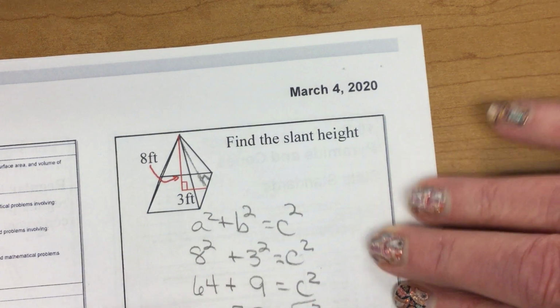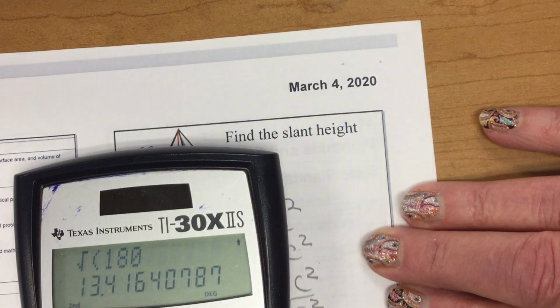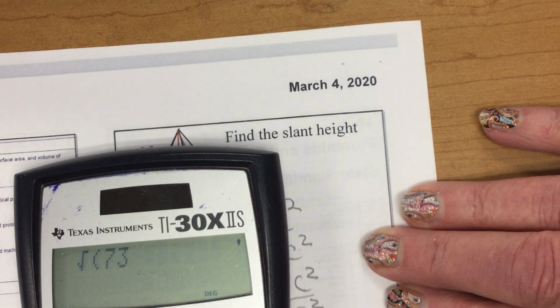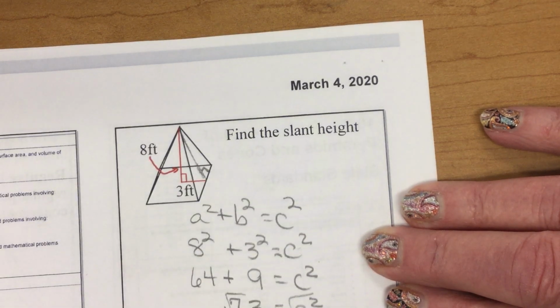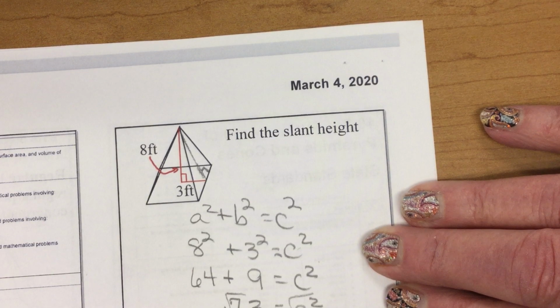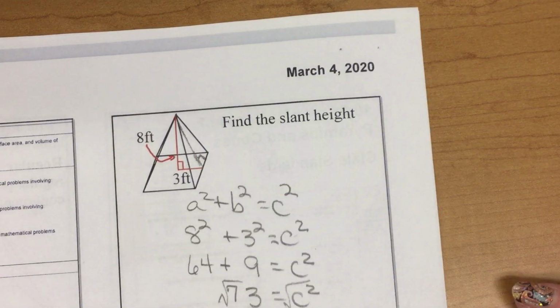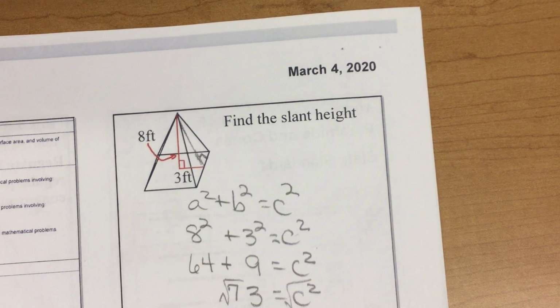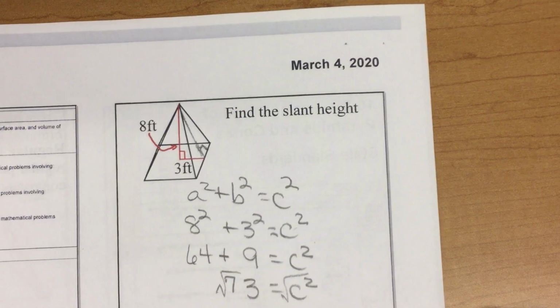We root. So square root of 73, 8.5 feet. If they don't give you the slant height, you have to find it.